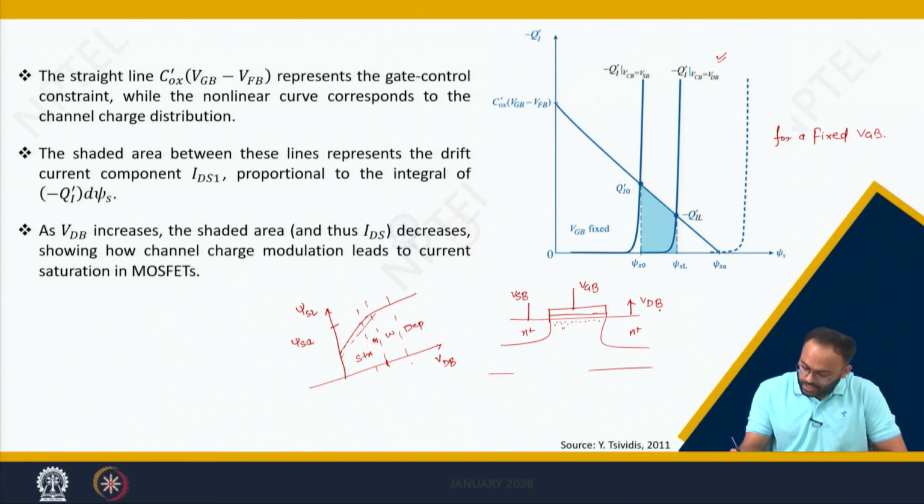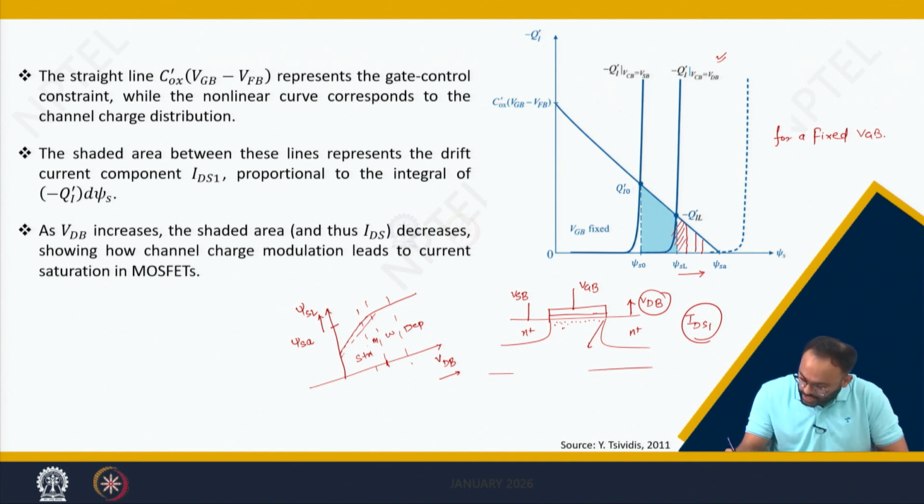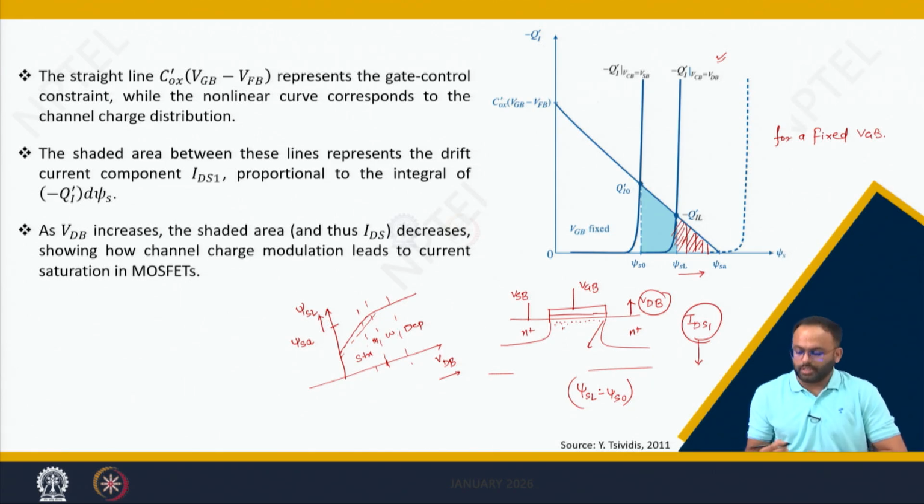By increasing VDB, the surface potential psi SL will increase at this edge. If the surface potential increases, this point will go to the right side. If the point is shifted, the area is increasing and hence IDS1 increases, correct? Similarly, if you go on increasing psi SL, the area of this trapezoid increases and IDS1 increases, which is nothing but the psi SL minus psi S0 component increasing and causing the drift current to increase.